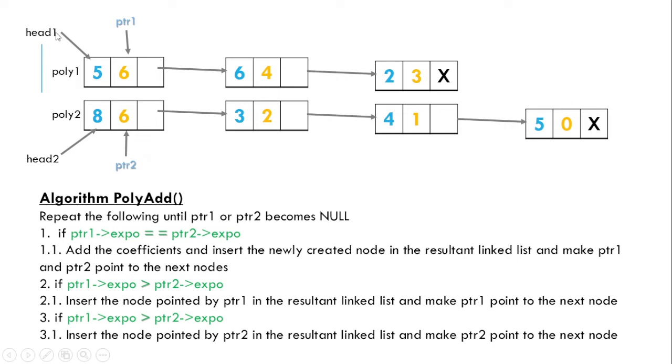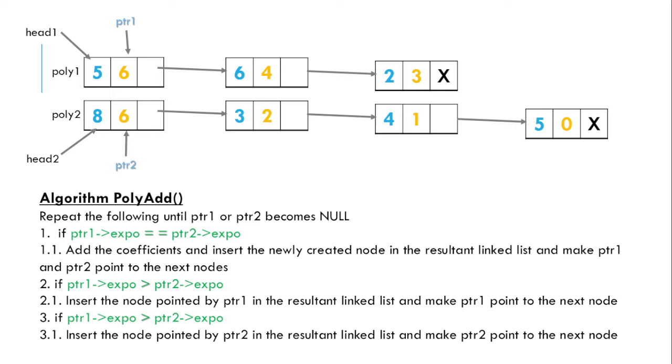So what are the statements to make this pointer? That is ptr1 is equal to head 1, ptr2 is equal to head 2. At present, ptr1 and ptr2 point to the first nodes of both the polynomials. Then at this point we compare the exponent fields.